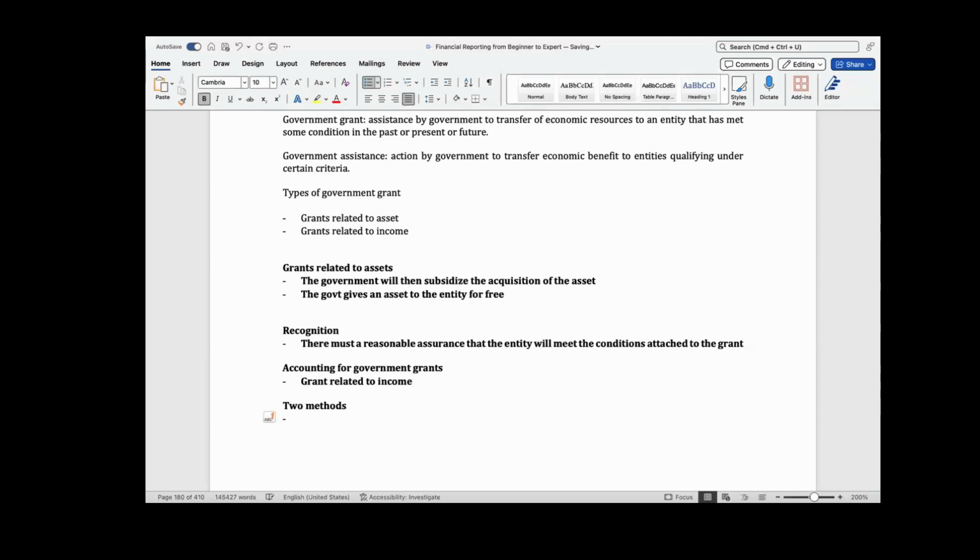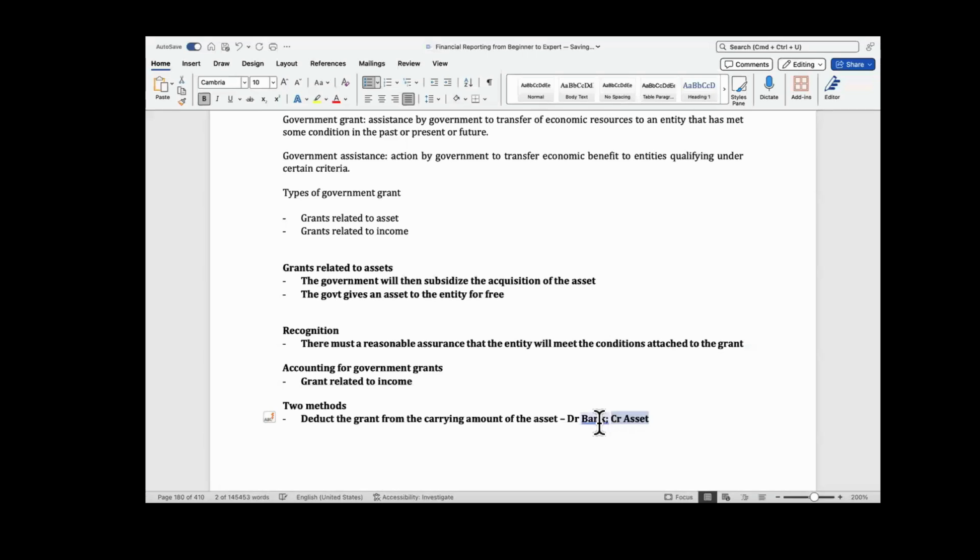Number one, deduct the grant from the carrying amount of the asset. It's just like you bought an asset for 100,000. The government now says, okay, we'll give you 20,000. So in this case, the government is giving you money, so you debit bank. Do you know what you credit? Asset. So the value of the asset in your books would then be 80,000.